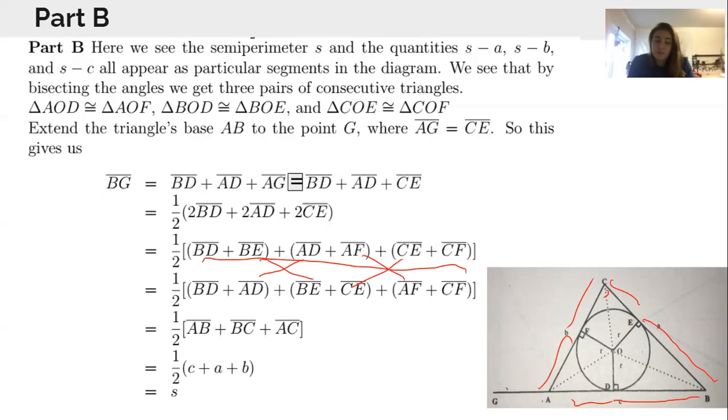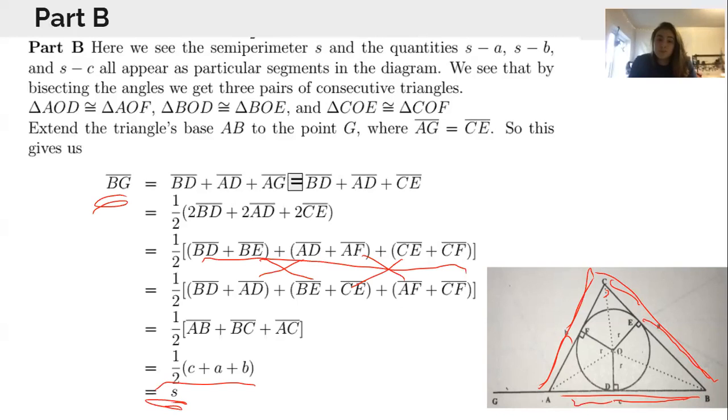So AB, BC, and AC. That's a really complicated way of saying that all we're trying to see here is that BG is S, which is 1/2 of A plus C plus B. Sorry, I know that can get really complicated, but that's what we're trying to see, that the line BG is the same as those segments.